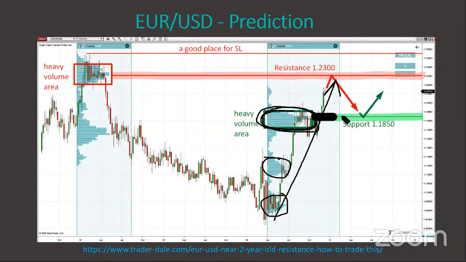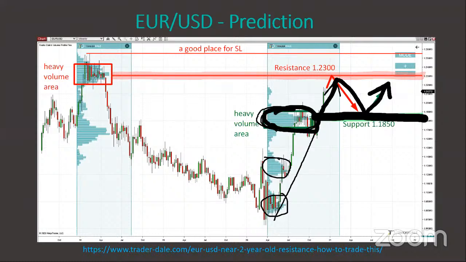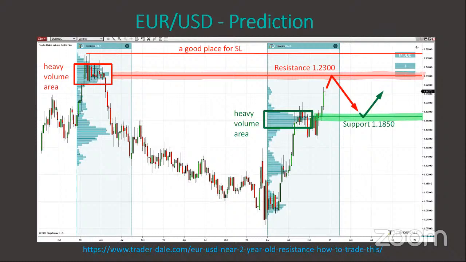And I marked this one as a strong support. The price went upwards from there, and I waited for a pullback and went long from there because heavy volumes are support. All right, so heavy volumes, you wait for a pullback, and this should work as a support. So this is another setup I like to use. I call this one the trend setup.